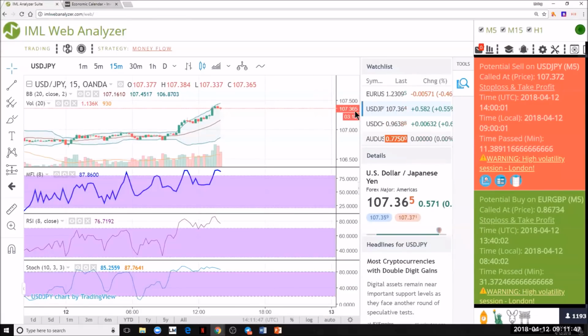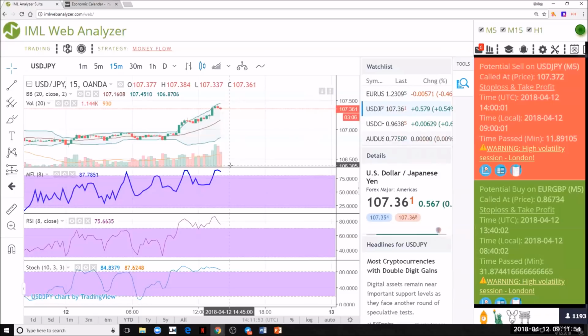Market is just sitting dead still in the water right there. So I think for now, maybe we should just let this little baby ride, and we'll just leave this one alone.